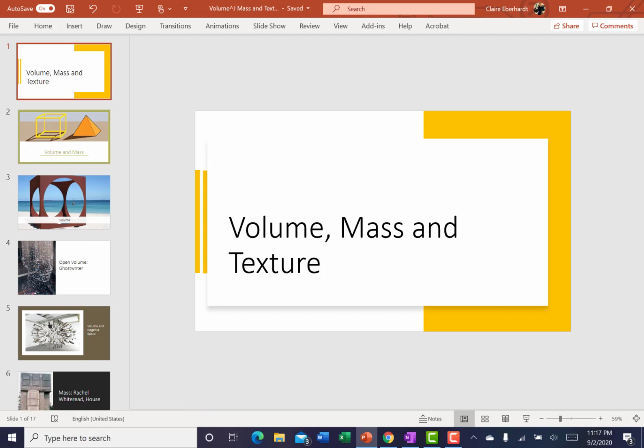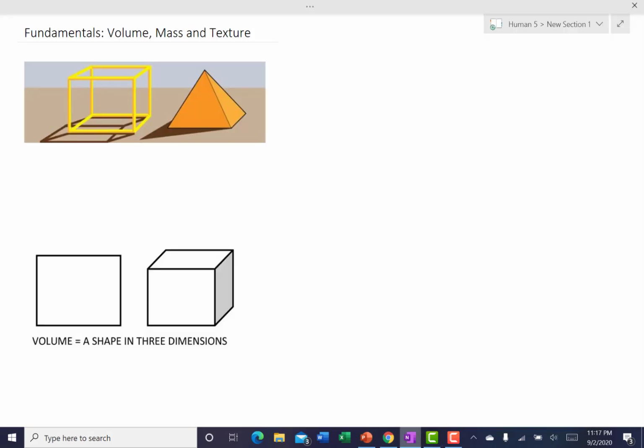So let's start here. I have this one on the PowerPoint too, but I wanted to show some aspects of it before we really get into the definition of volume, and then specifically look at how volume is shown in art. So in the textbook, it shows these two figures, and this one they show to represent volume, and this one they're using to show mass.